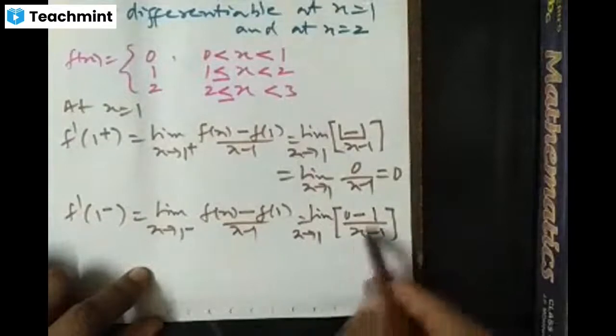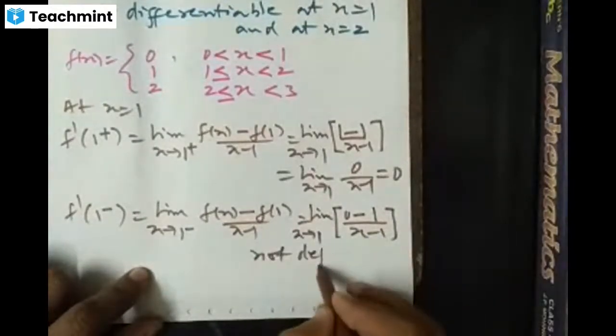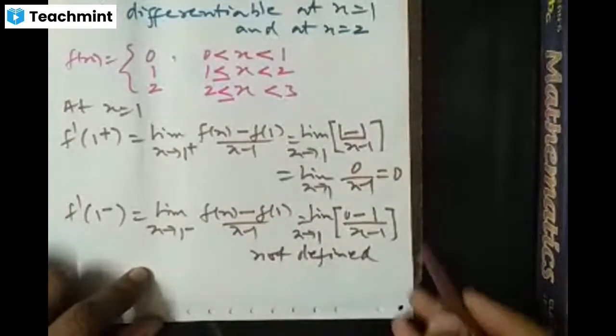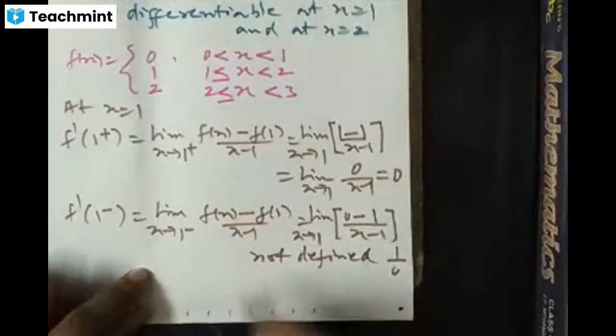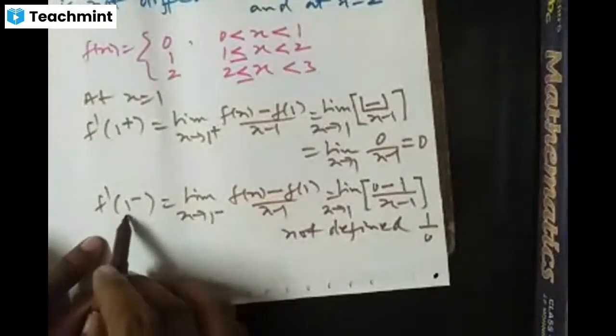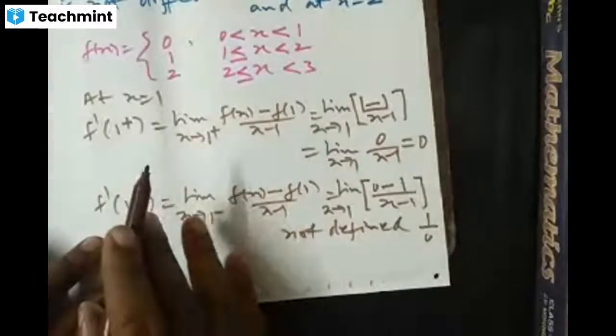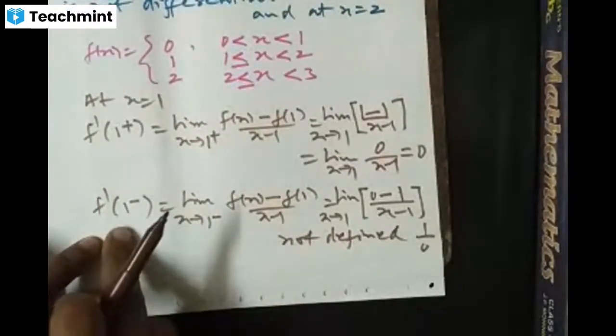See, if you apply the limit, what happens? 1 minus 1 is 0, which is not defined, right? You will get 1 by 0, and 1 by 0 is not defined. So that means the left hand derivative of the function at x equal to 1 doesn't exist, right?